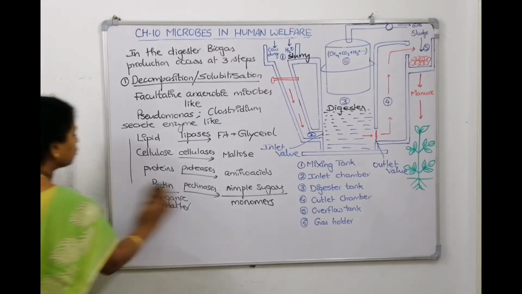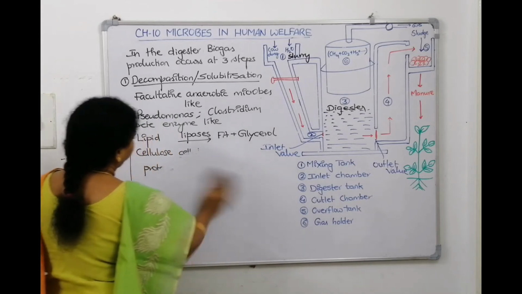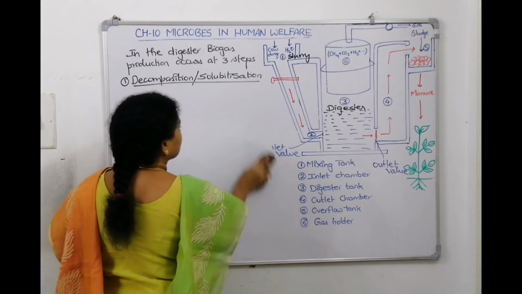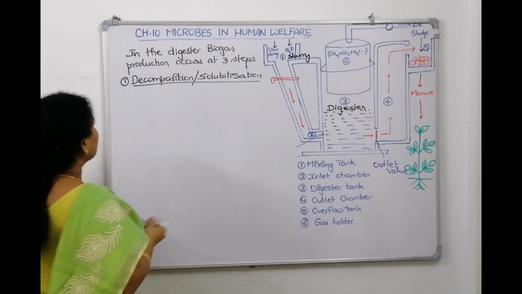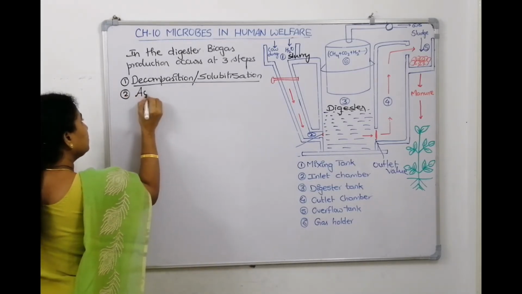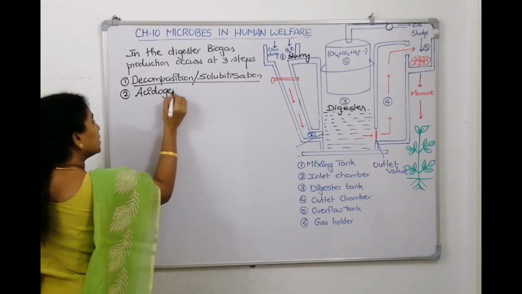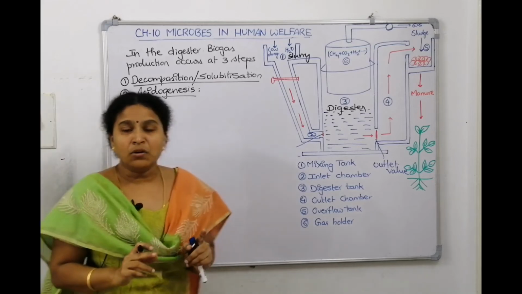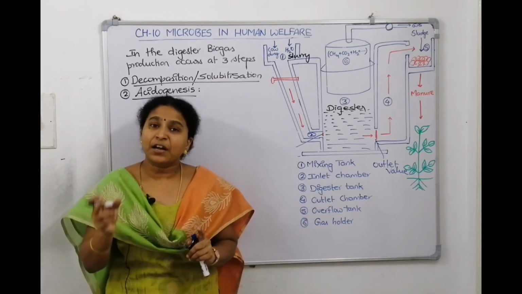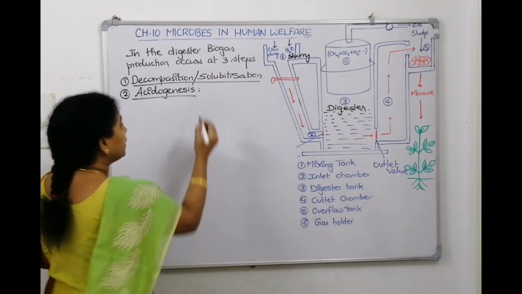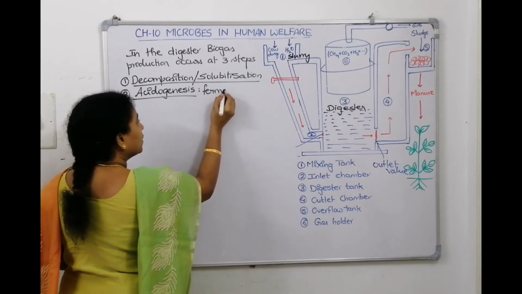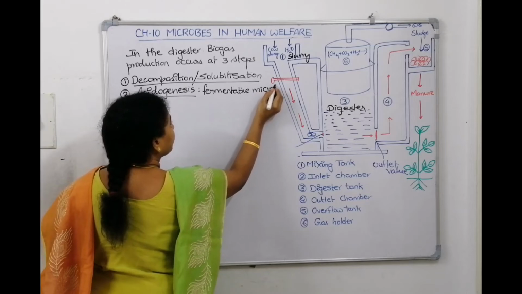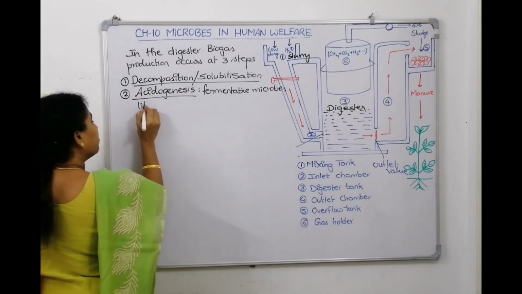Right. Now let's go to the second step. As I told, it is called acidogenesis. What is the second step called? Step 2 is acidogenesis. Now, who will carry out acidogenesis? Fermentative microbes.